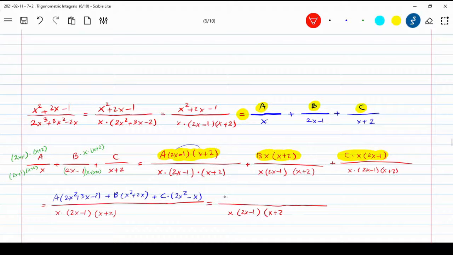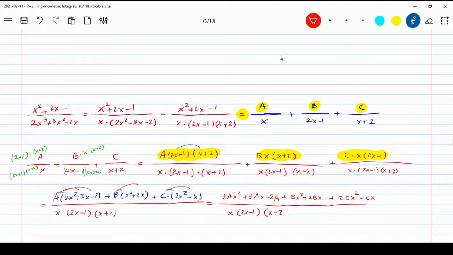And here, what I have is 2ax squared plus 3ax minus 2a, plus bx squared plus 2bx, here plus 2cx squared minus cx.